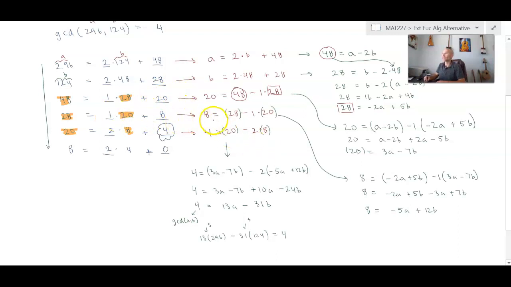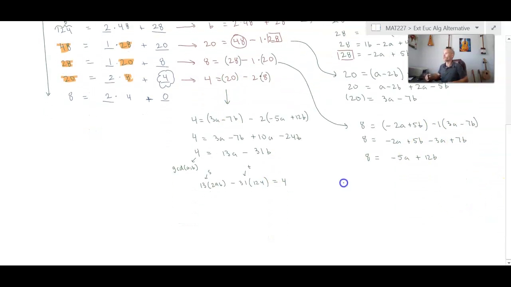So in this next line, when we write 8 equals 28 minus 1 times 20, we use the two previous substitutions, 28 and 20, to plug in there, got a new expression, then went to solve for the last line being the one before we get a zero remainder, because that remainder is the GCD, and we're able to package it all together nicely.